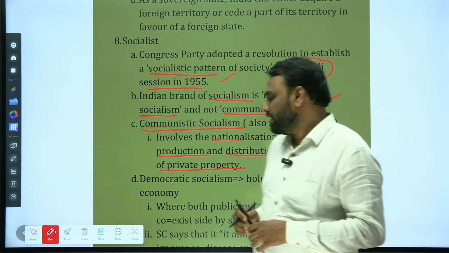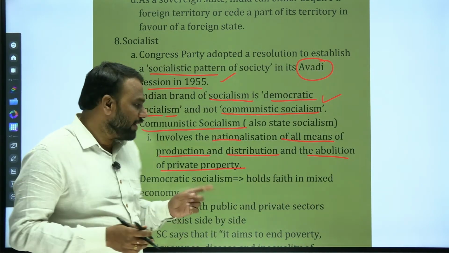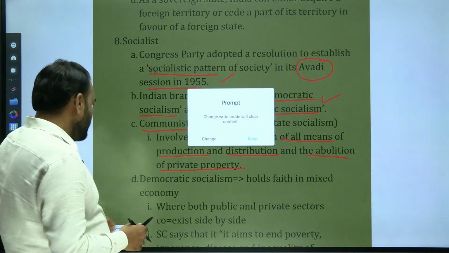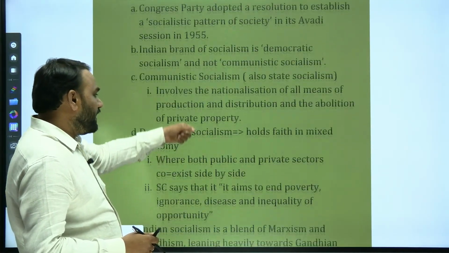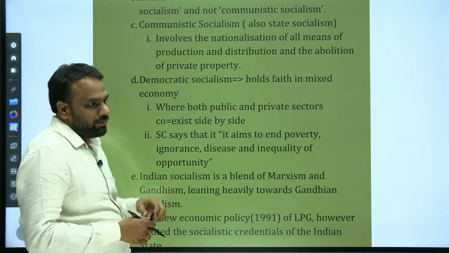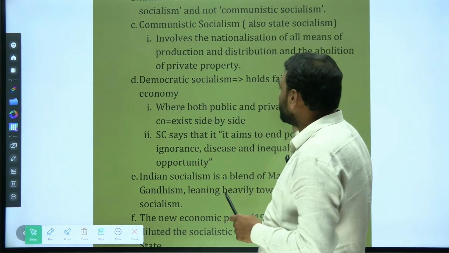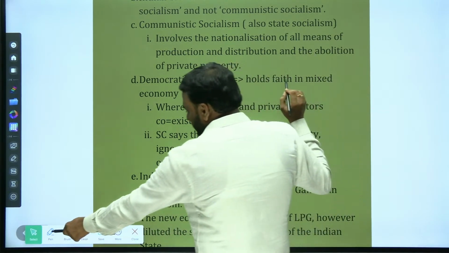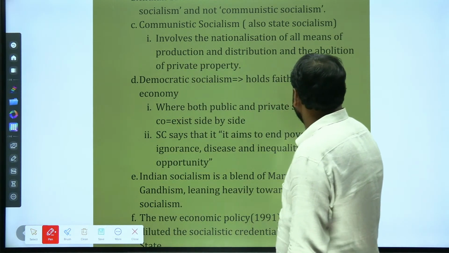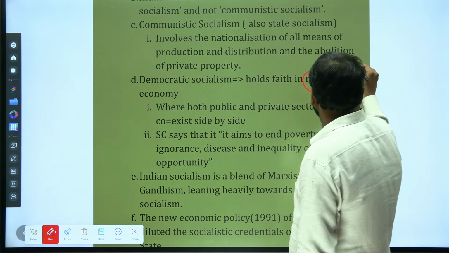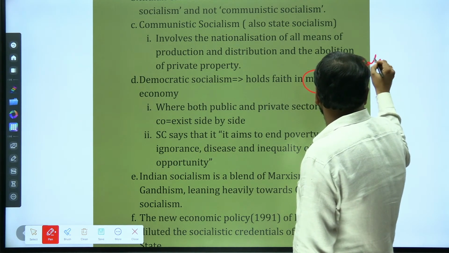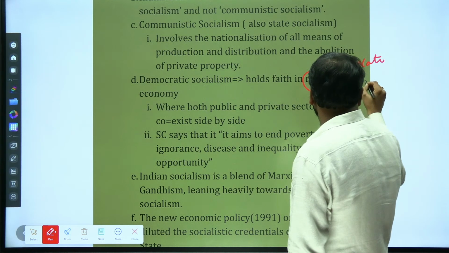But here in India, what have we adopted? We have adopted democratic socialism. What does democratic socialism do? It holds faith in a mixed economy. So what is a mixed economy? Mixed means both private plus public.